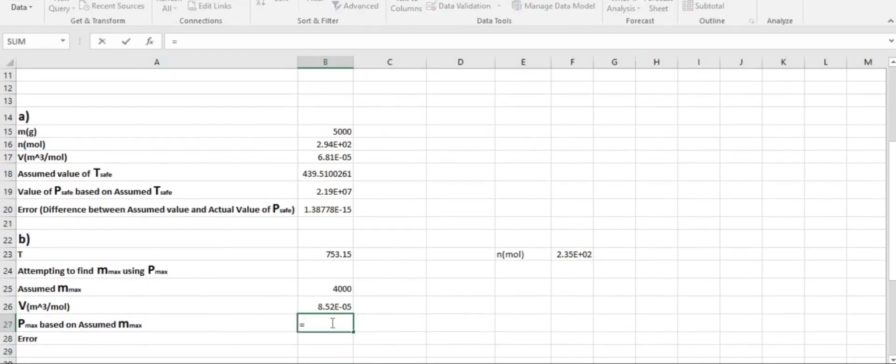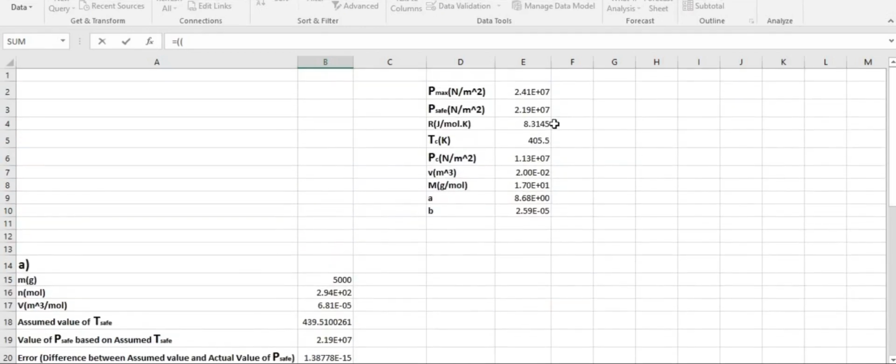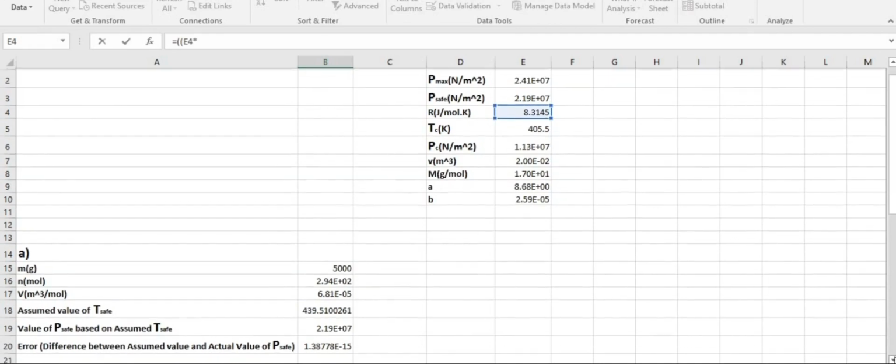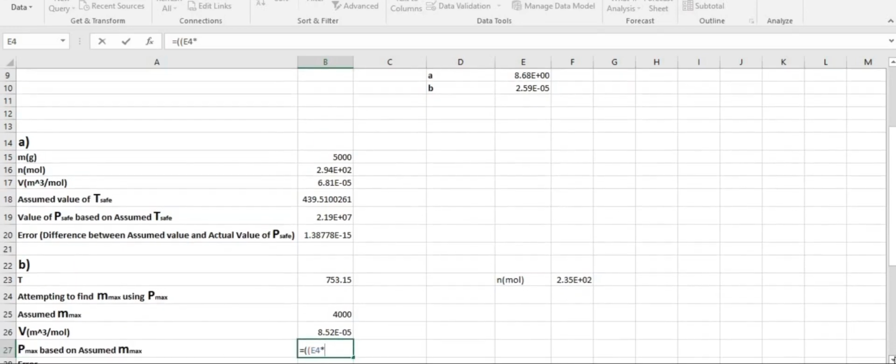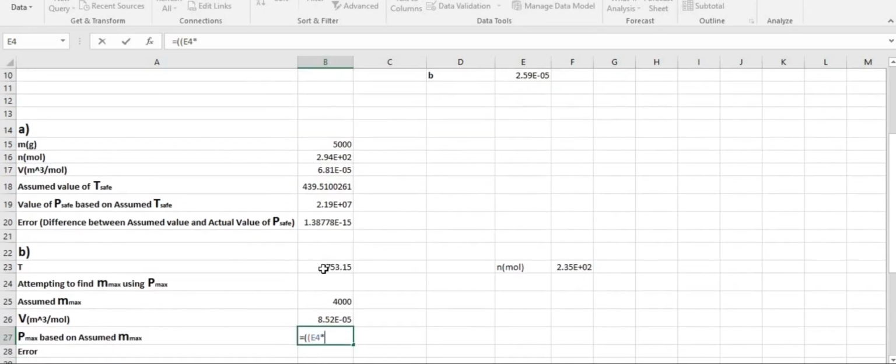make a new one. So we have a big bracket for the whole first part, and then another bracket for the numerator of the first part, which contains R multiplied by T. Now here we were given our temperature in Celsius, which when converted to Kelvin gives us this.